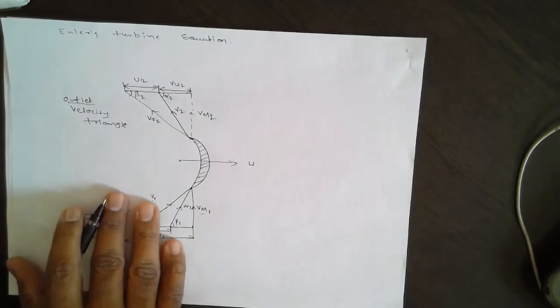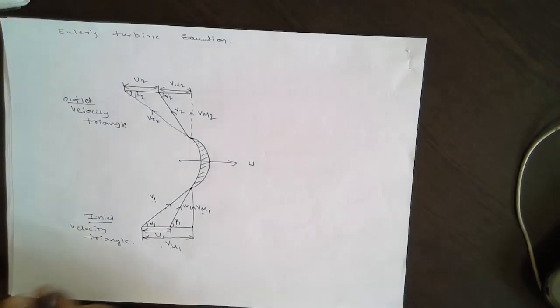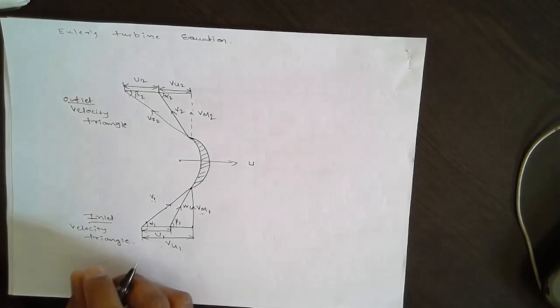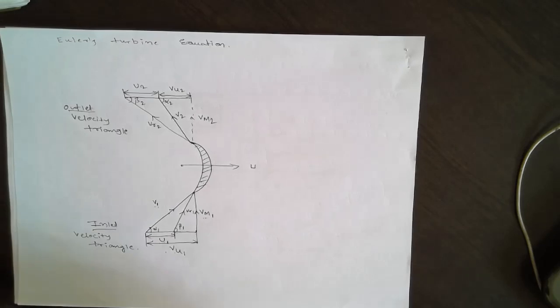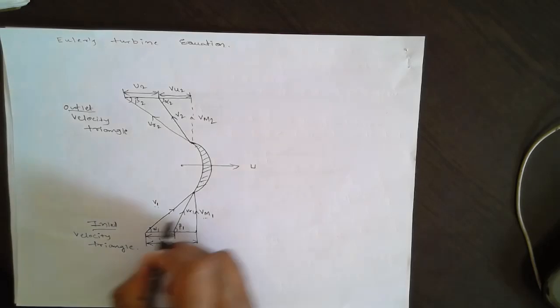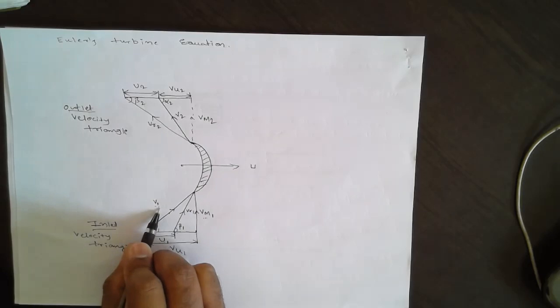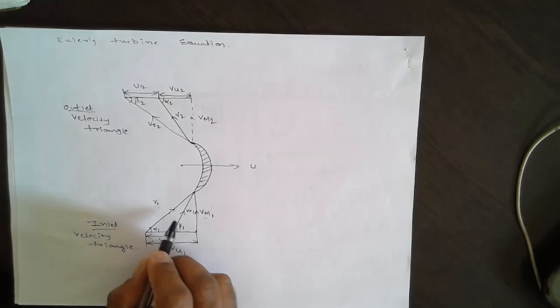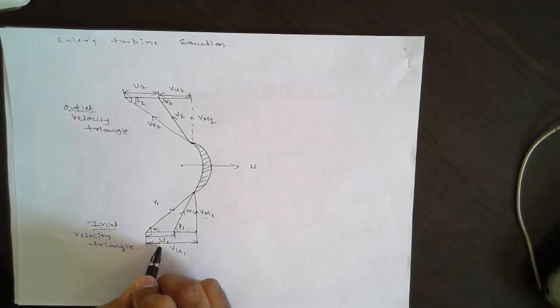The velocity component which changes the angular momentum of the fluid is the tangential component, and by Newton's law of motion this is equal to the summation of all the applied forces on the rotor, that is the net torque. Here V1 is the absolute velocity of the fluid, and U1 is the tangential speed of rotation of the rotor at inlet, or the linear velocity of the rotor at inlet, or the velocity of the vane at inlet.